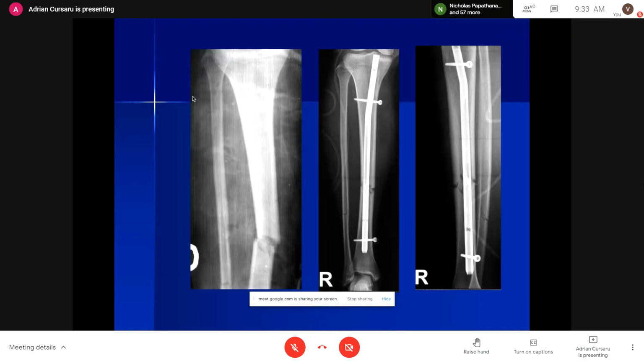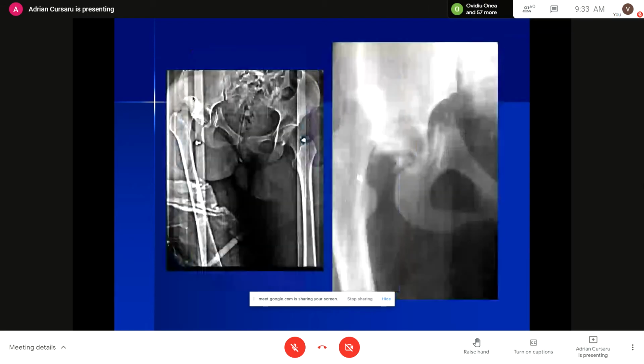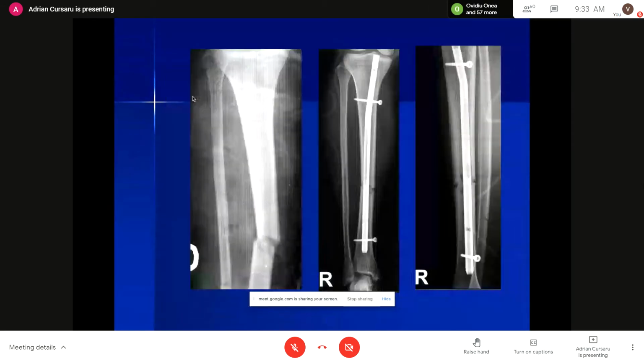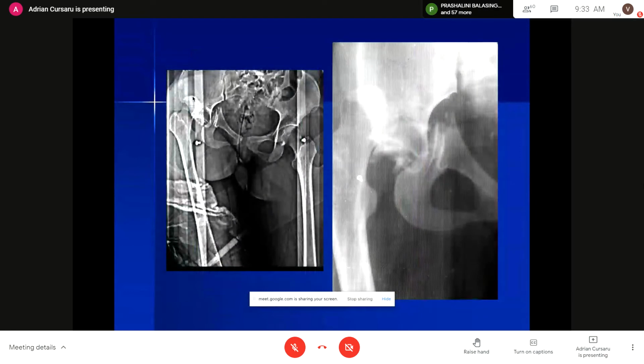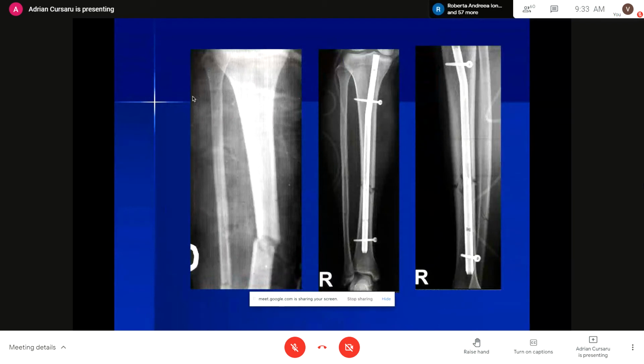In our case we have a dislocation of the hip, a fracture of the acetabulum, and a fracture of the what bone is that? Tibia. Mhm. It's in the middle part of the shaft. Okay, do you have two segments? You can say it's a polyfracturated patient.